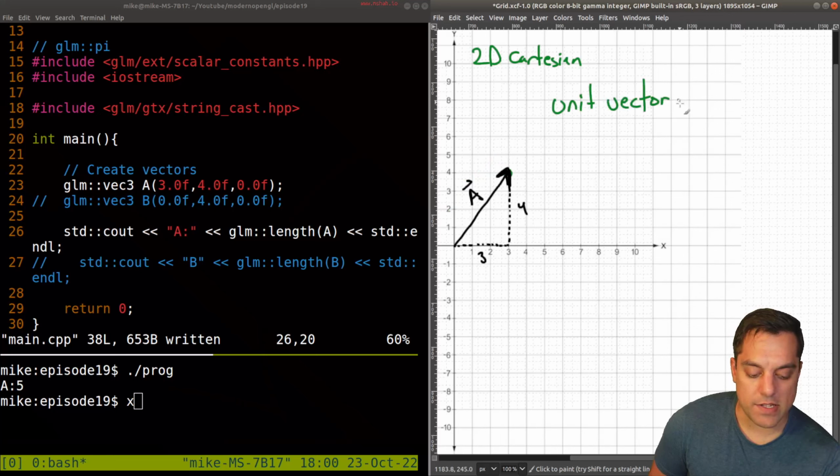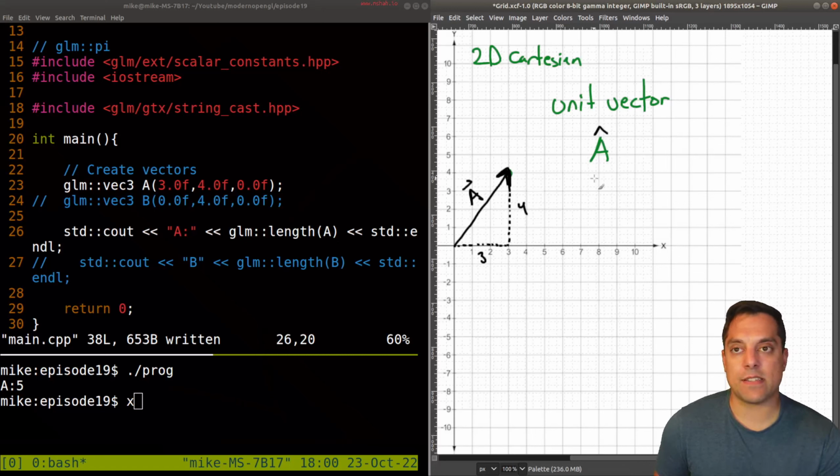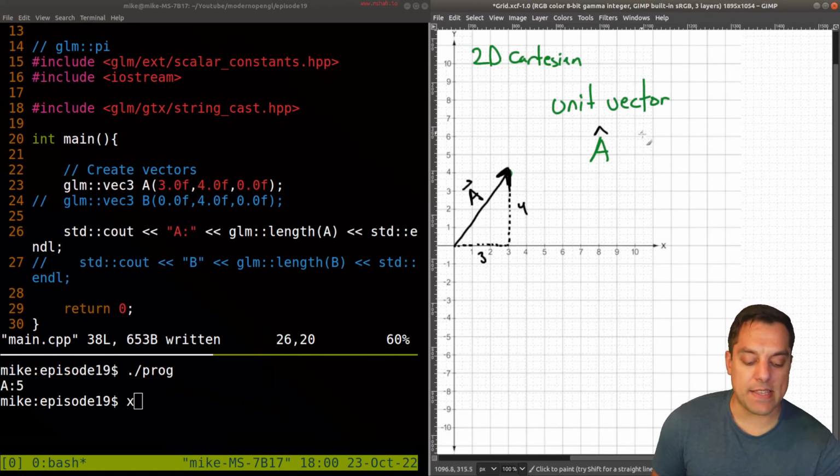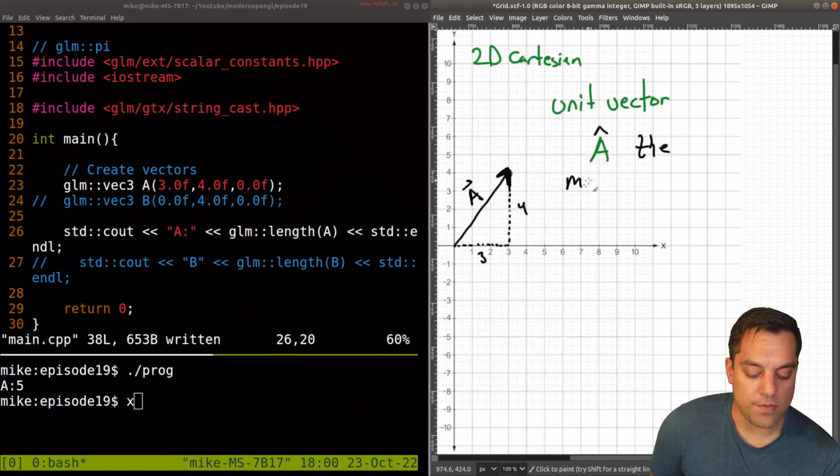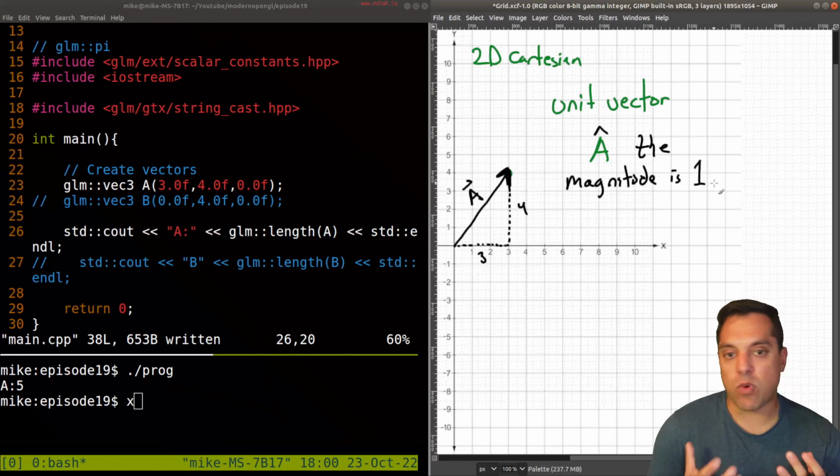I'm going to indicate this as A with a little hat on top of it, which means this is a unit vector. What that basically means is the magnitude, or length, is 1. Okay, and why is this a nice property to have?